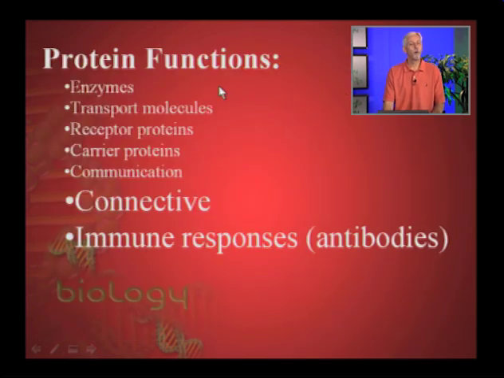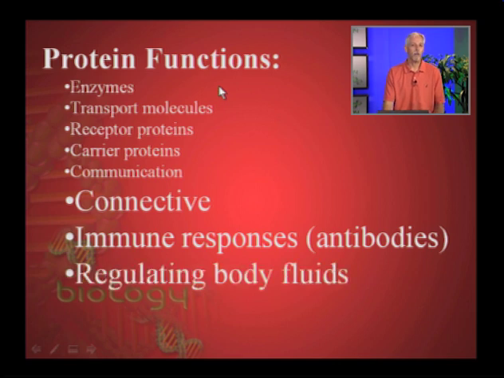Also, proteins play an important role in the immune system. Our antibodies, for example, are very large, complex proteins. So again, proteins have a tremendous number of functions. Another function, and we'll talk about this later in the course as well, is that soluble proteins dissolved in our body fluids, just by their presence, help regulate where fluids are found in our body.